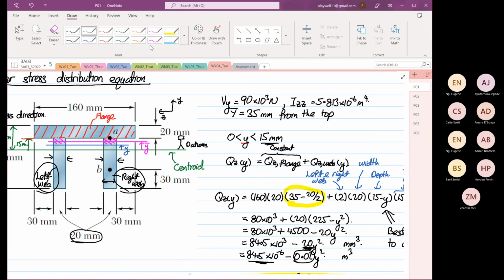If we view, I'm going to use a different color, this is for the flange. So this is the y bar now. The distance from here to here is 20 divided by 2, and we know that the overall distance from here to here is 35. There you go. Okay, thank you. That makes more sense.